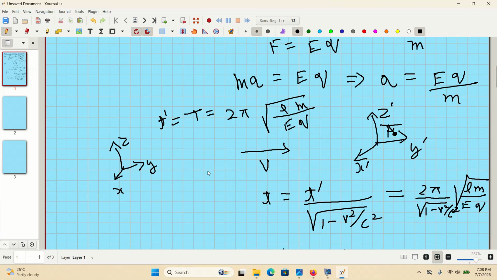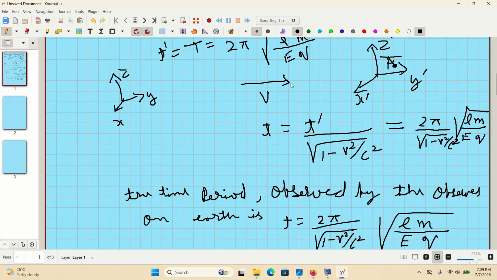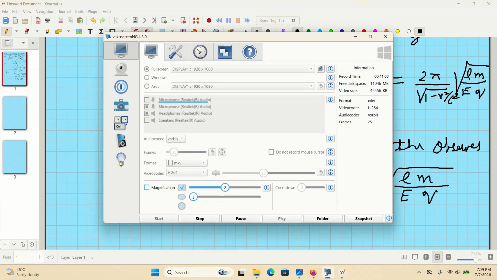Then we simply used the Lorentz transformation for time instead of calculating all the transformations of these dynamical entities like length, mass, electric field. We don't need to do all that dynamical calculation. We can simply understand how time works and get an answer which is correct. So thank you.